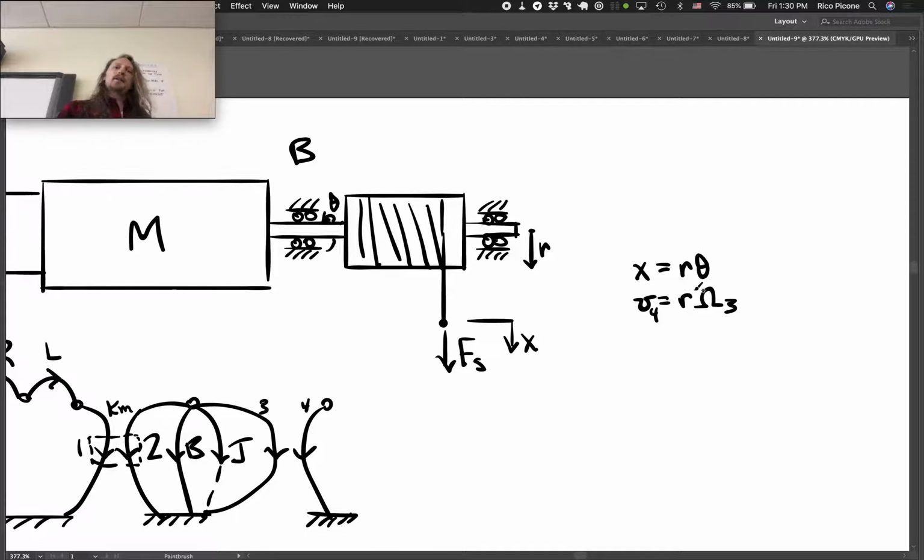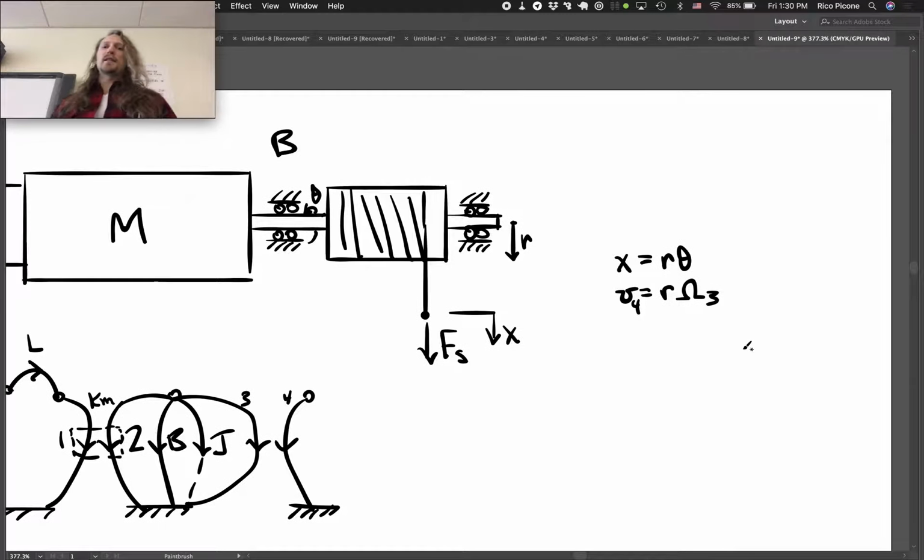And this tells us there's an across variable related to an across variable. So is it a transformer or a gyrator? Transformer. Transformer. And what is the transformer ratio? The transformer ratio is 1 over r, right? So it's 1 over whatever is here.